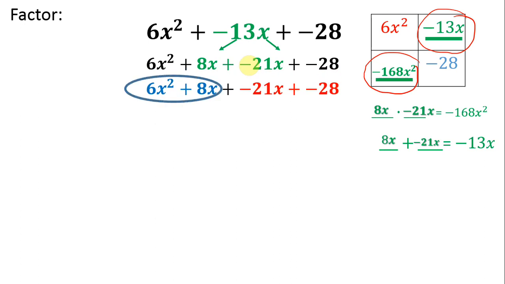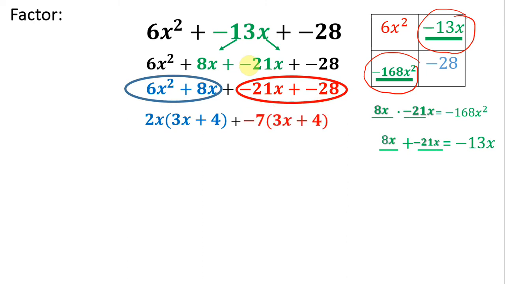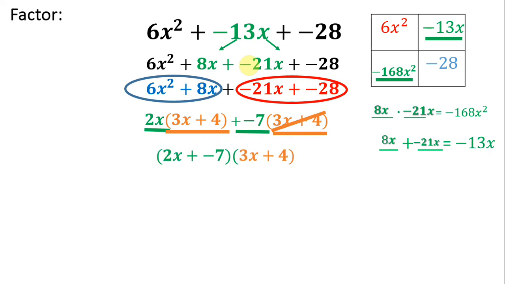Then I'm going to factor the greatest common factor out of 6x squared plus 8x, and out of negative 21x plus negative 28. What are my two binomials going to be? These are the same, so I'll cross one of them out. My two binomials will be 2x plus negative 7 and 3x plus 4.